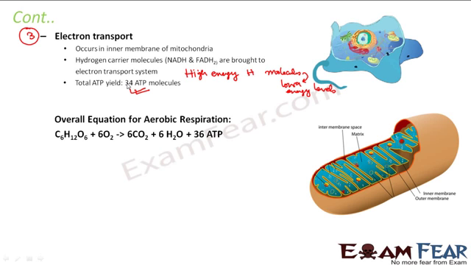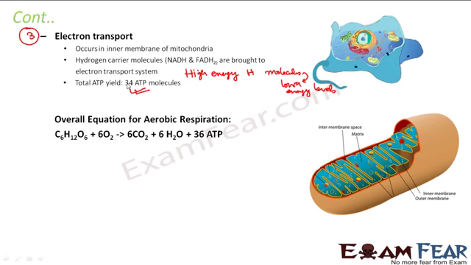It loses 1 carbon dioxide, and in presence of coenzyme A, it forms acetyl coenzyme A. This acetyl coenzyme A then enters into the matrix of mitochondria, and in presence of oxygen, it forms carbon dioxide and 2 molecules of ATP and a lot of hydrogen carrier molecules. These hydrogen carrier molecules are those which have high energy hydrogen atoms.